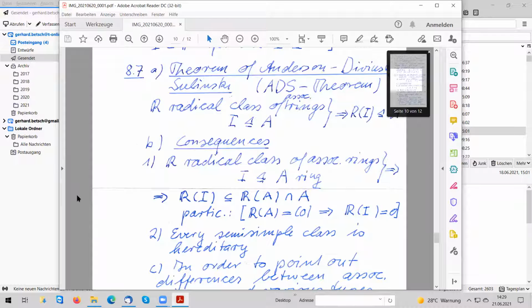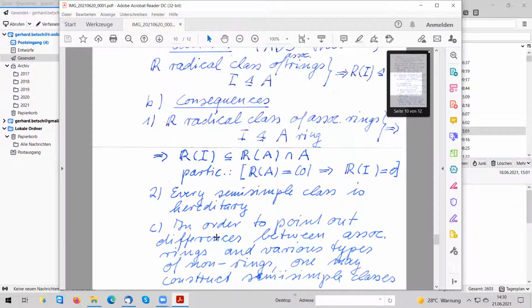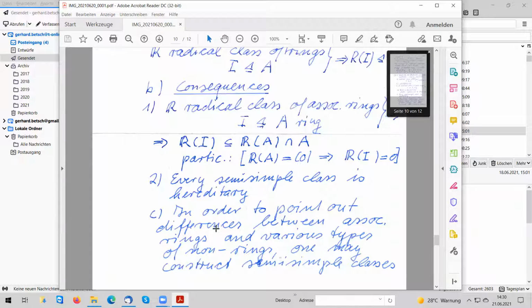In particular, if the radical of A is 0, then the radical of I is 0. Every semi-simple class is hereditary. So being semi-simple goes down as long as you want.